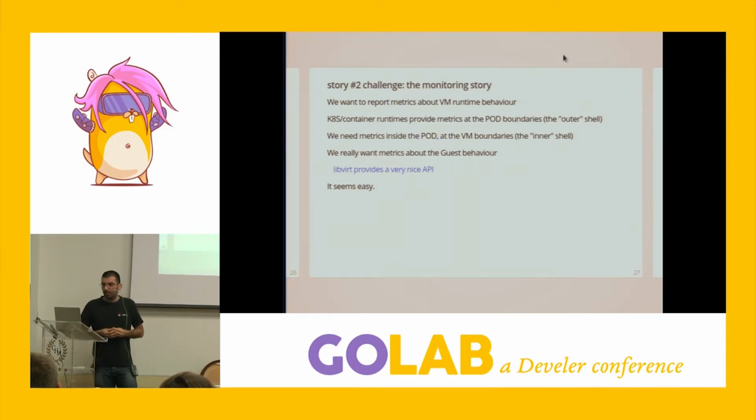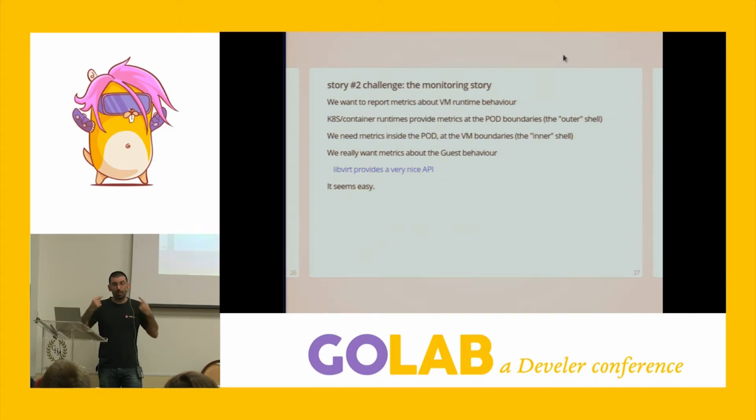Another story about monitoring. We need to monitor VMs, how they behave, how many resources they consume, how they are doing, so how the virtual CPU and the virtual NIC are used. Again, stop and pause.